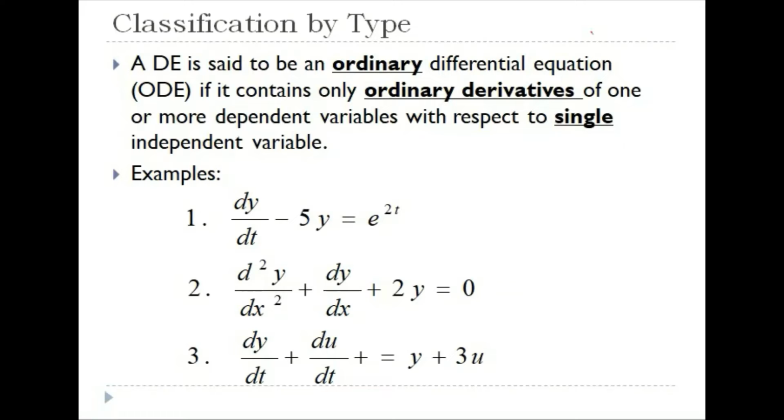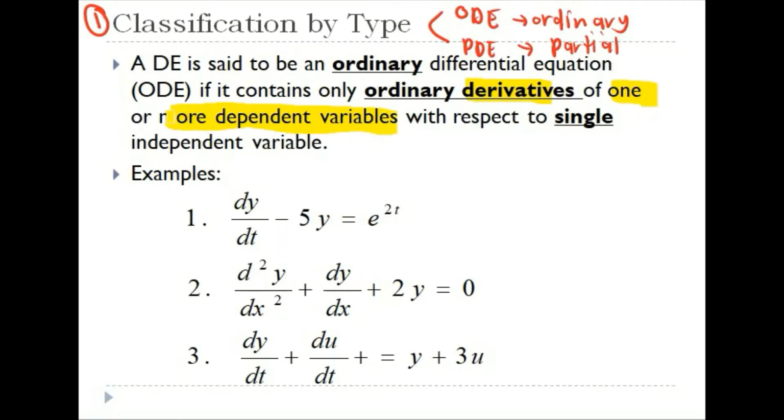So we go to the first classification, which is by type. Basically there are two types: ODE, for ordinary differential equations, and PDE, for partial differential equations. First, the definition of ODE. It represents the derivative of one or more dependent variables with respect to a single independent variable. What does it mean? Regardless of how many dependent variables you have, they must depend on only one single variable.